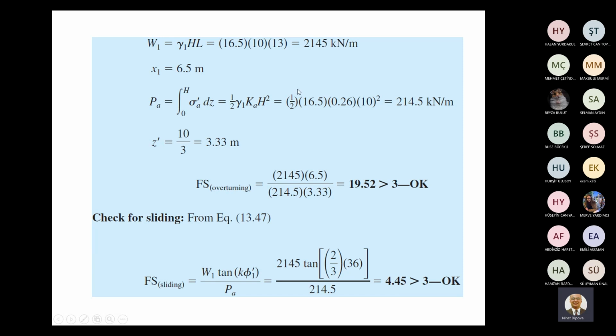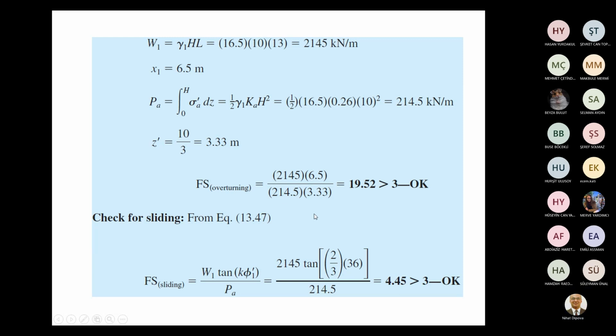So this equation comes from the area of a triangle multiplied by Ka times unit weight, and multiplying with Z over 3, because the wall height is 10. 10 over 3 is 3.33. So putting into the equation, it's greater than 3, and this is satisfactory.